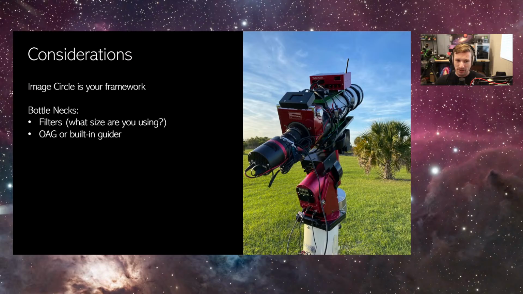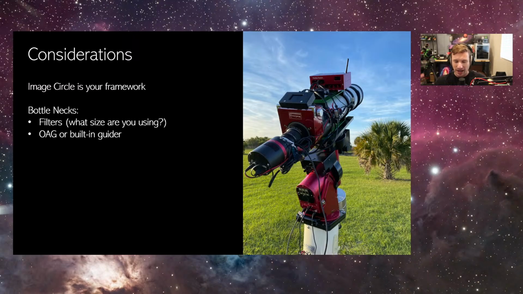Off-axis guiders or built-in guiders need to fit within the image circle so you can effectively guide with them. That is an issue I've run into with the ZWO 2600 Duo, and it's not any manufacturing issue.